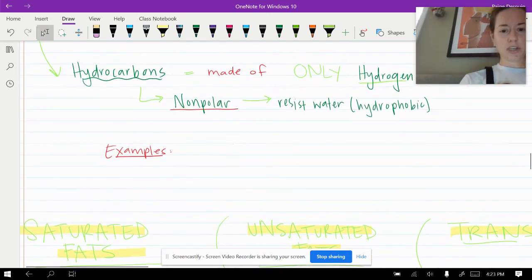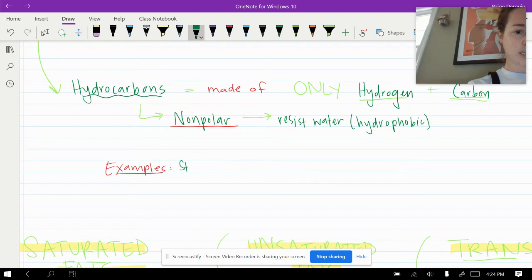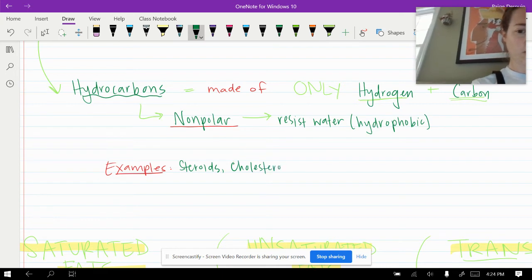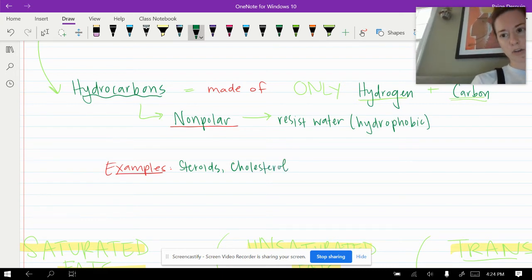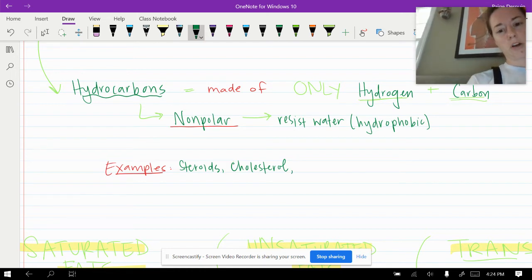So examples of fats. We already talked about fats, waxes, and oils, but I'll also put on here steroids, cholesterol, which there are good and bad versions of. Also hormones.